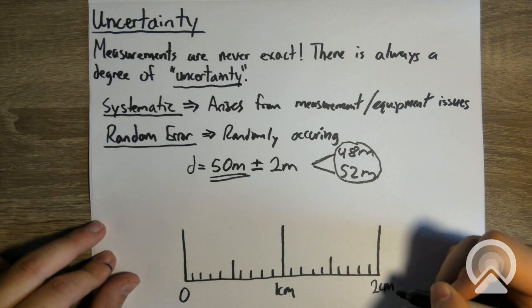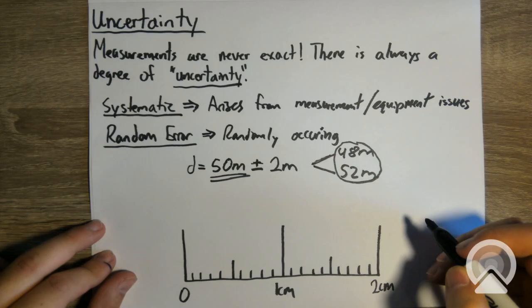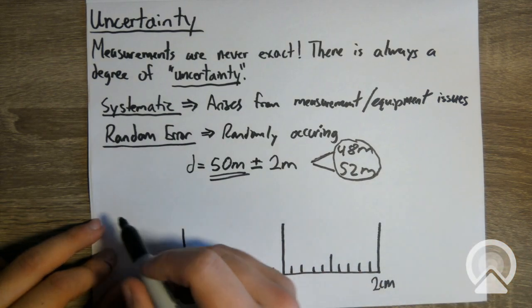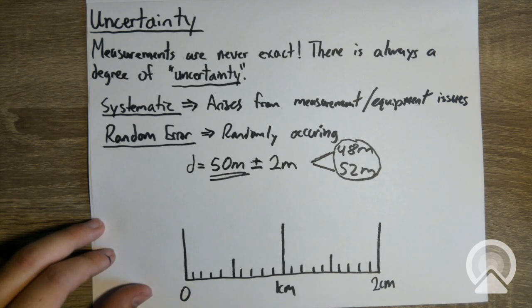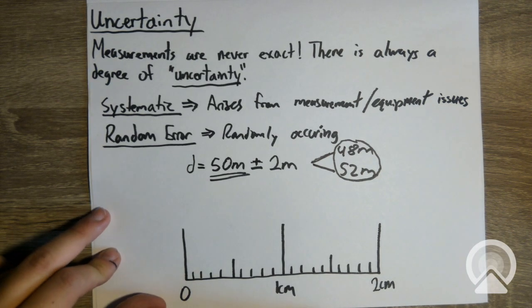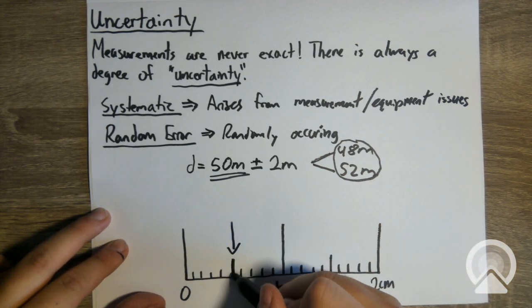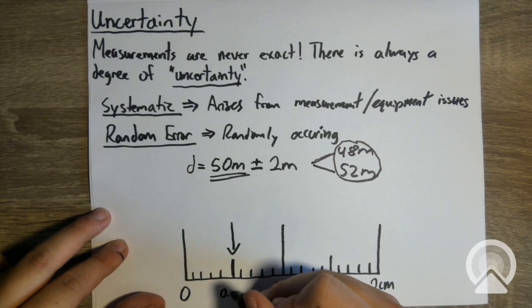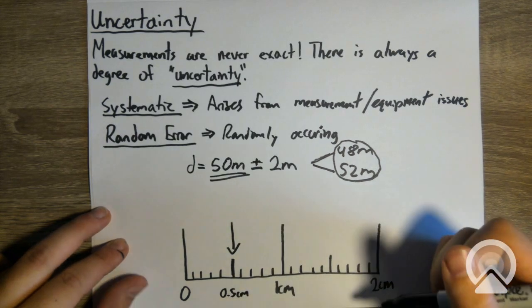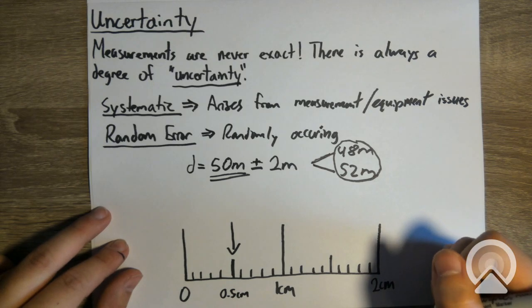With another example, uncertainty tells us something about the precision of a measuring device, such as a ruler. If you measure on a ruler and say you hit this point, you measure 0.5 centimeters. What's the uncertainty here?